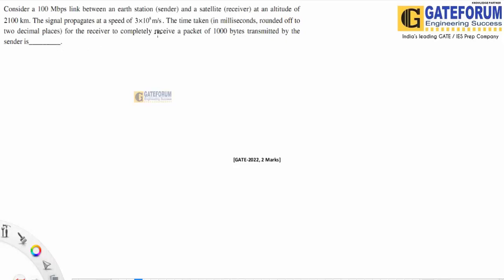Time taken for the receiver to completely receive the packets of 100 bytes. That's what is being asked.